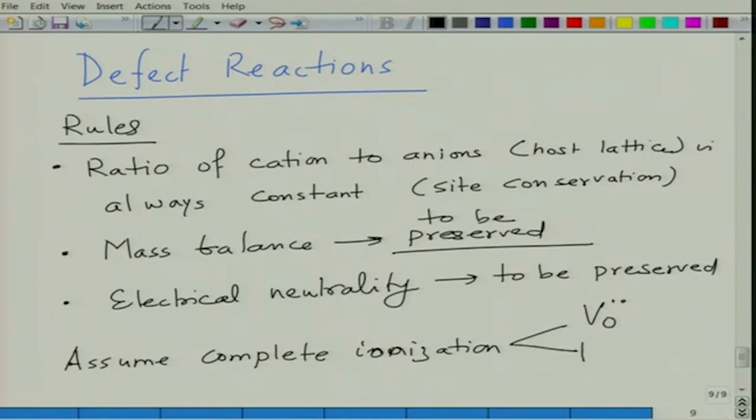In case of metal interstitial, let us say if it's a 2 plus metal, then it will be Mi dot dot. In case of metal vacancy, it will be Vm dash dash. There are possibilities of incomplete ionization in practice, but for the sake of teaching this module, we will consider complete ionization of all the defects.